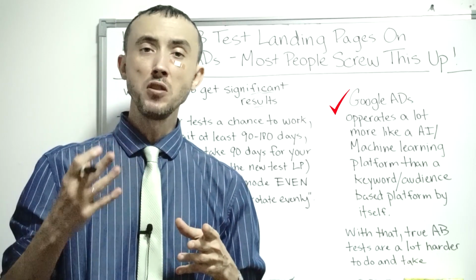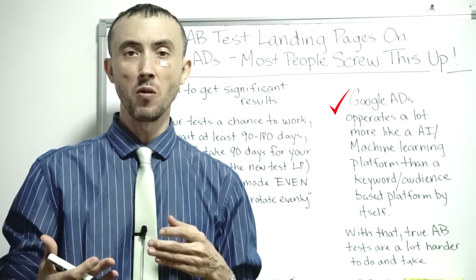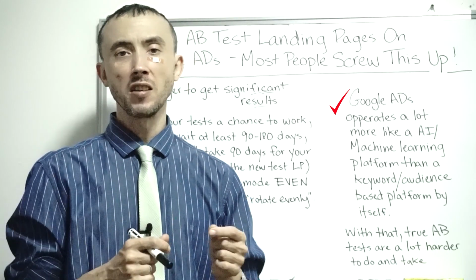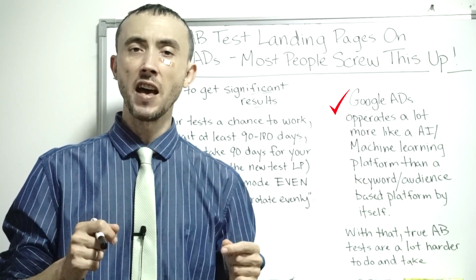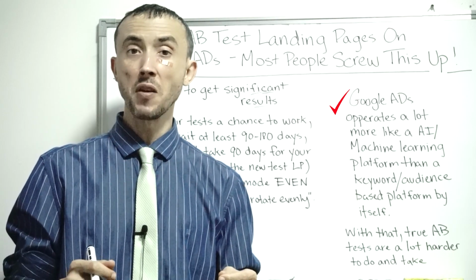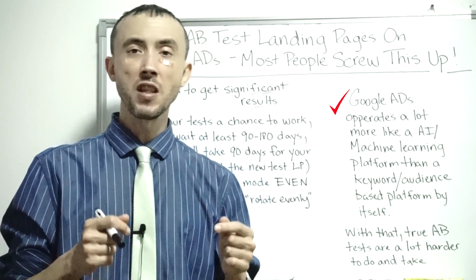And anytime you have a new ad in your account, that ad itself is going to go into a learning mode for like the first 60 to 90 days. So if you think you're going to run a landing page A/B test, and only run that test 90 days, well, you're going to have false assumptions about that page, whether it works or not, given what happens during that first 90 days.